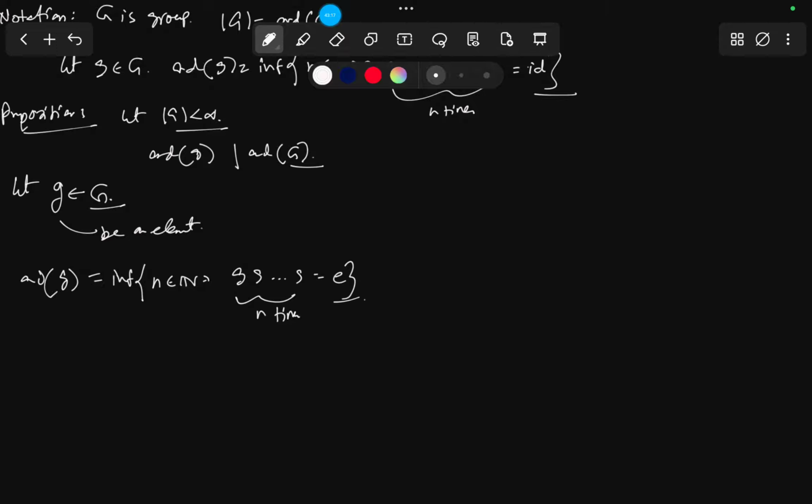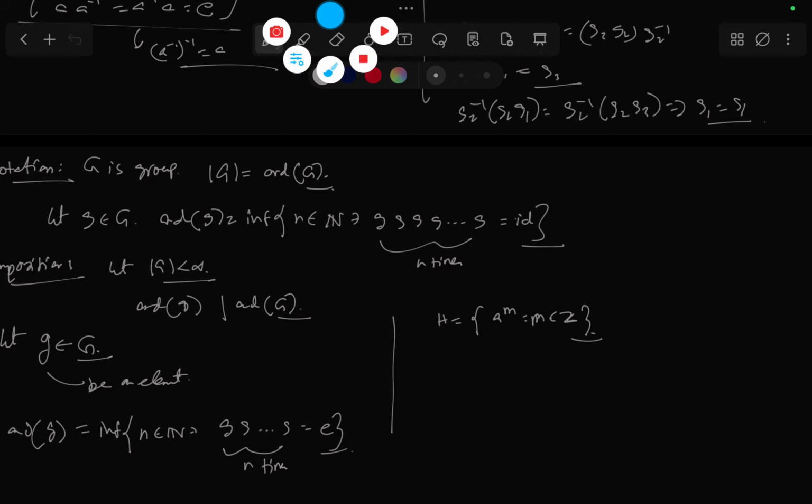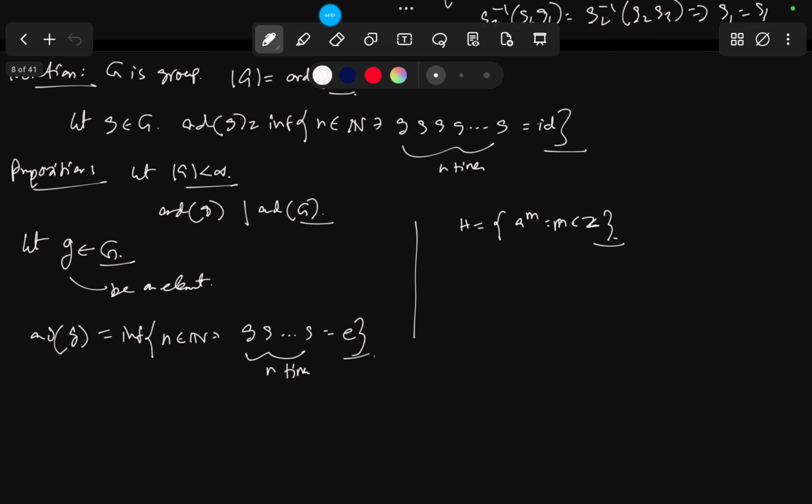Now let us consider H to be the collection, for now just consider this a subset of G, a power m such that m belongs to the integers. Now let the order of a be n.